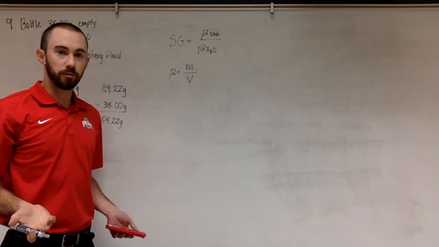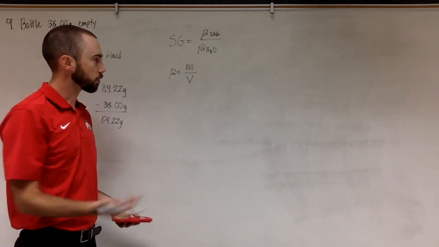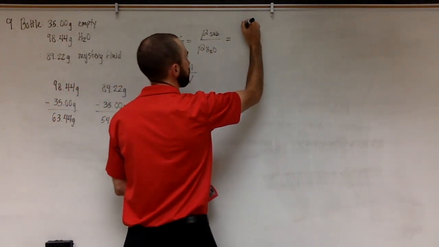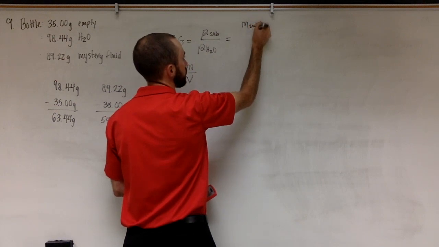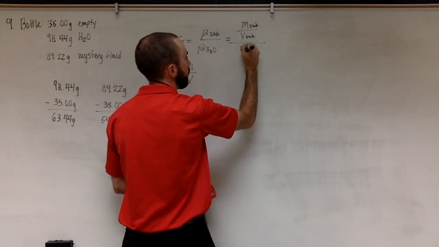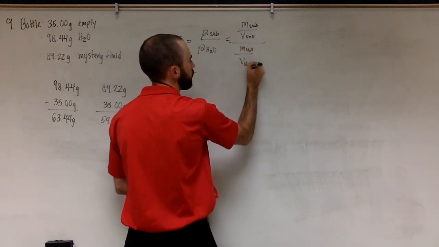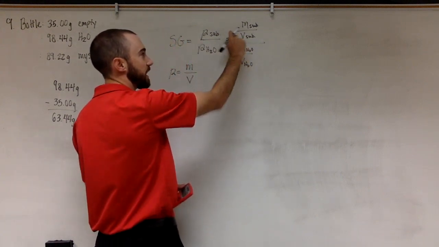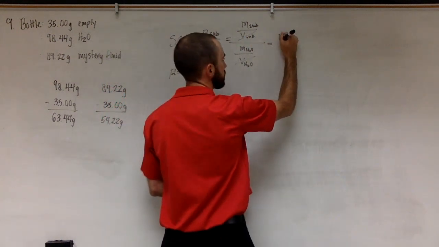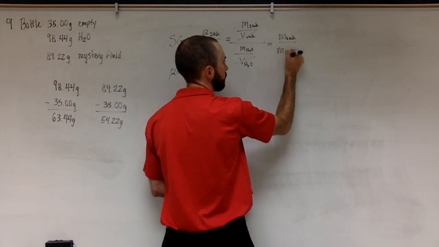Well, we know that the fluids are filling the bottle entirely, so they should have the same volume. So I can write the mass of my substance over the volume of my substance divided by the mass of water over the volume of water. Since the volume of water is the same as the volume of the substance, I can cross those out, and all I'm left with is the mass of my substance over the mass of the water.